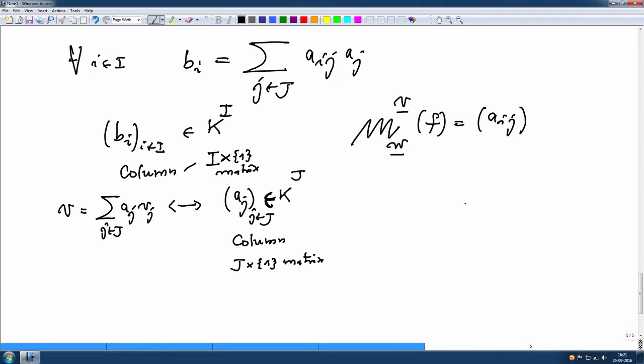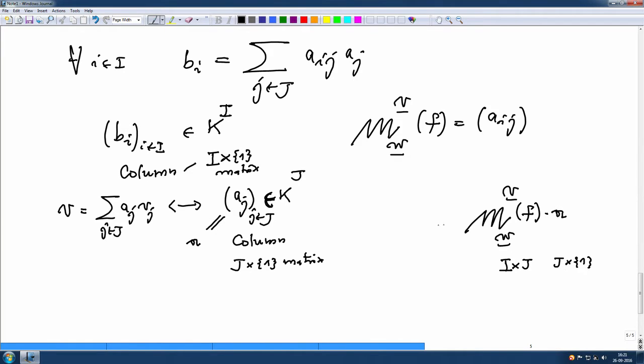So now I am saying, look at M_{V,W}(f) times this column vector, let me give it a name, small Gothic a. This times small Gothic a, makes sense? This is an I cross J matrix, this is a J cross 1 matrix.